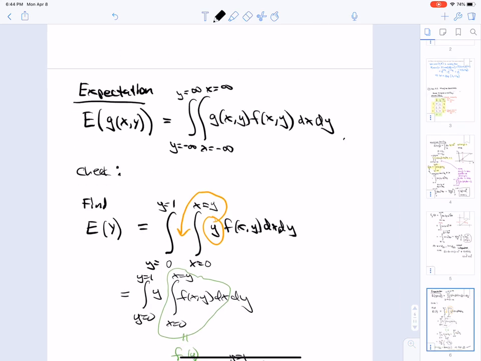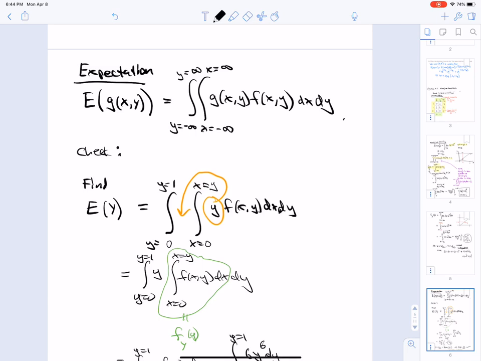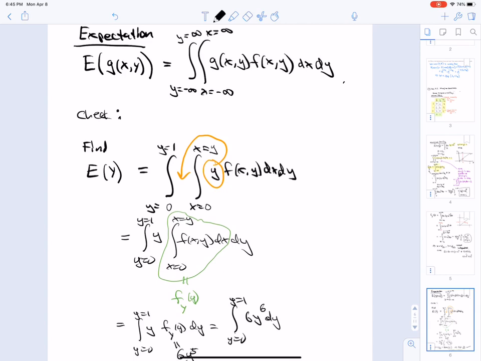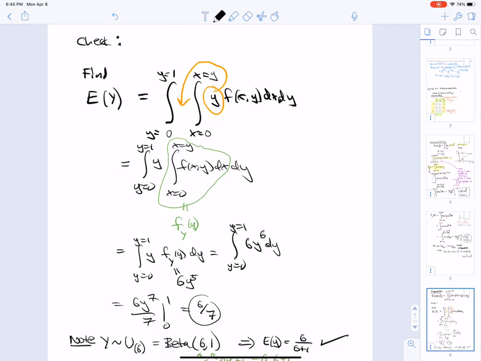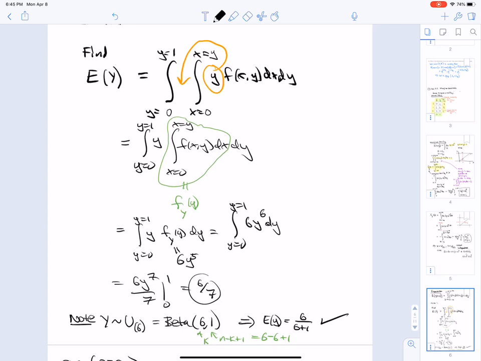For expectation, it's just the definition that you would expect. We can check our definition by looking at the special case where g of x, y is just y, and using our definition, bringing y outside the inside integral and recognizing the inside integral is just the definition of the marginal density of y, we can see that the expectation is 6 over 7.